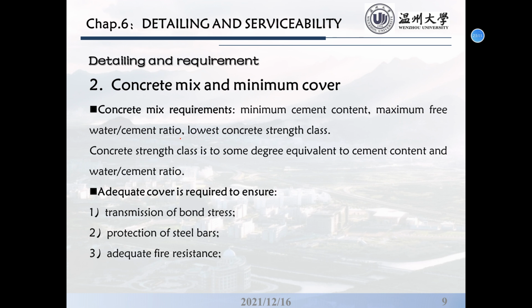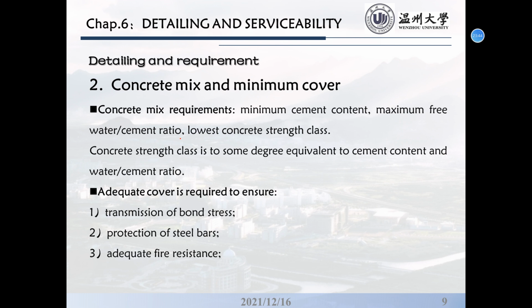I know the students, during your studies, may have done some experiments mixing concrete. The teachers teach you how much water to use to mix the concrete, and how much aggregate and sand.